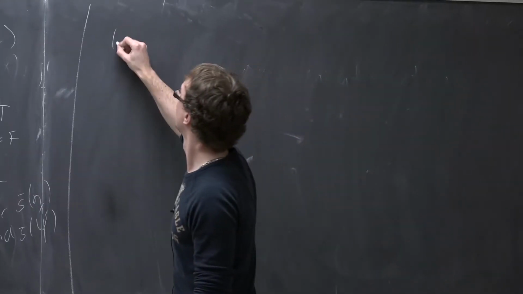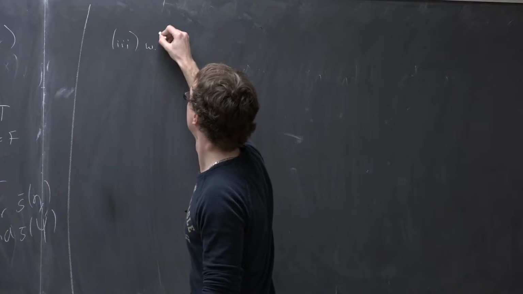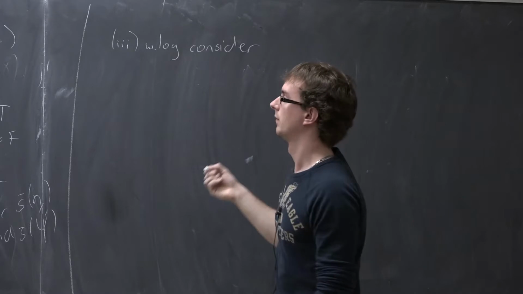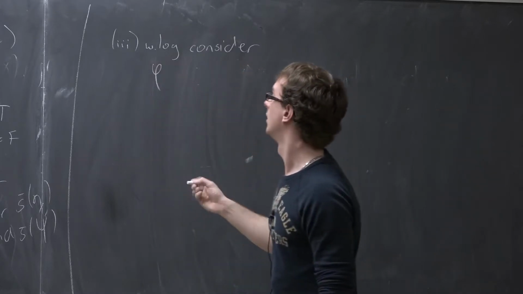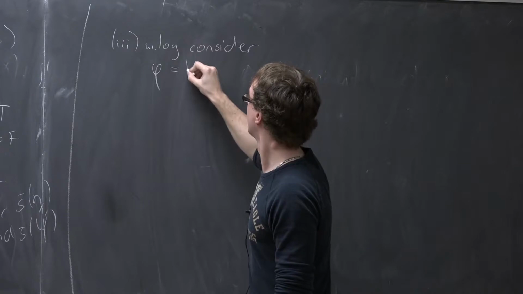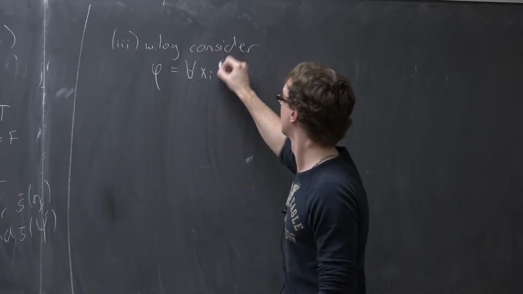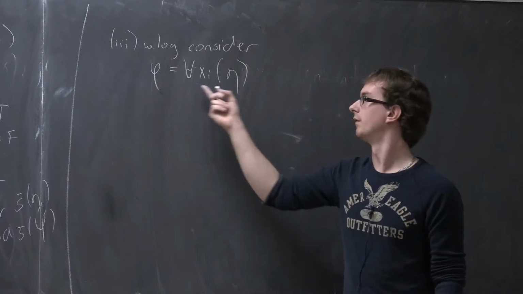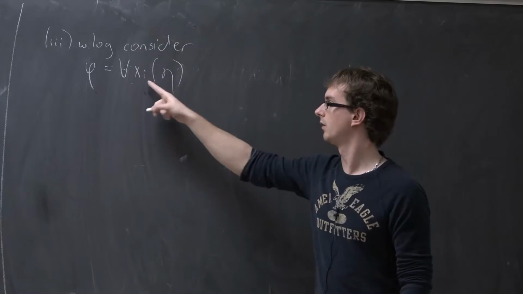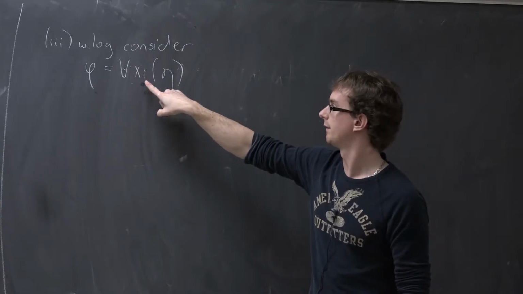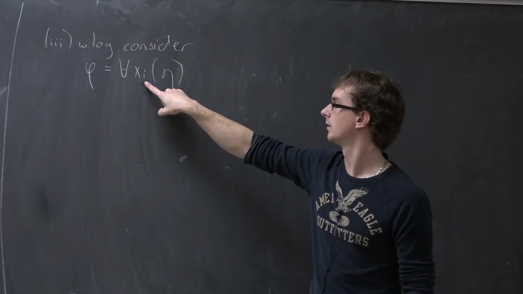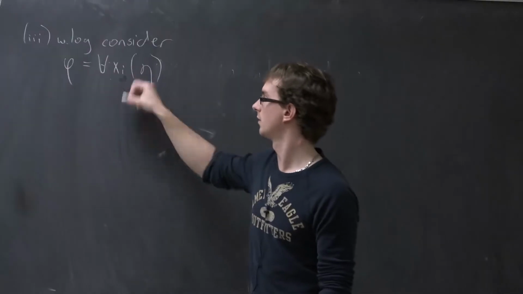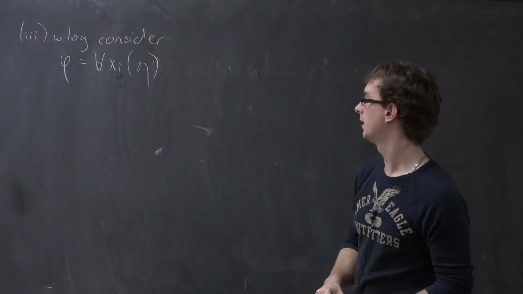Without loss of generality, we'll consider it of the form being quantified over xi. The fact that I've written i here is important, because we have all of these different variables that we could be quantifying over. We're going to suppose it's being quantified over the given i.